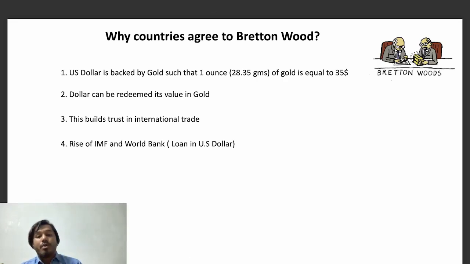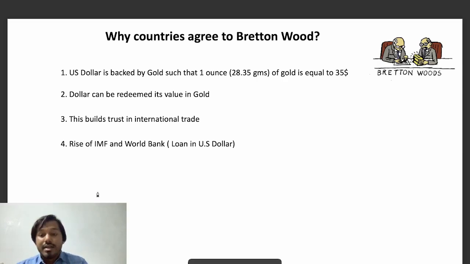This is the fourth point why all the countries agreed to the Bretton Woods, because during World War II, all the countries had their homes and infrastructures destroyed, a lot of destruction in their countries. Now after World War II, they want to rebuild their countries. In order to rebuild, they need money and resources, and the only country that can provide them is America.